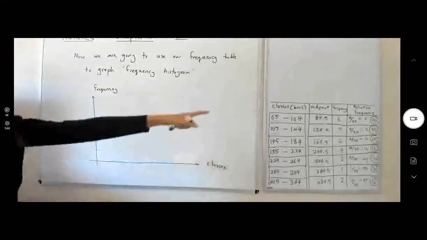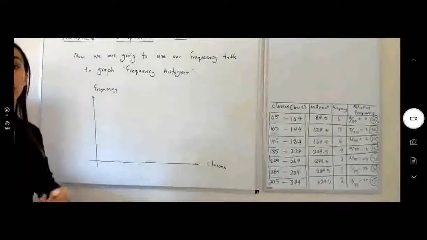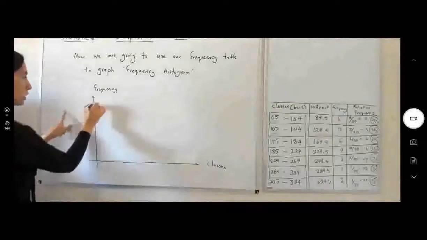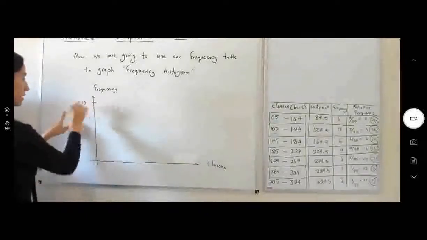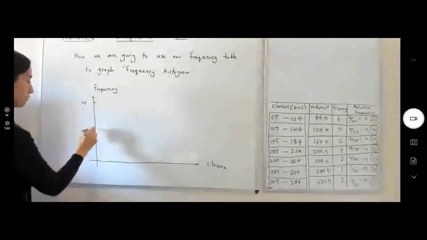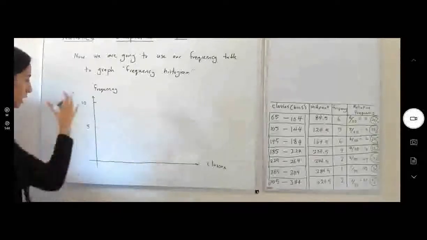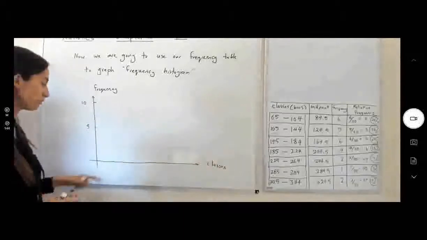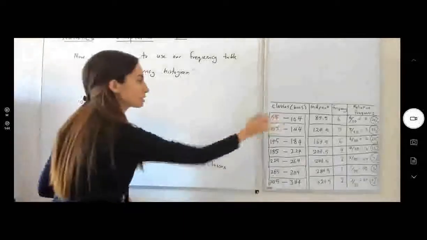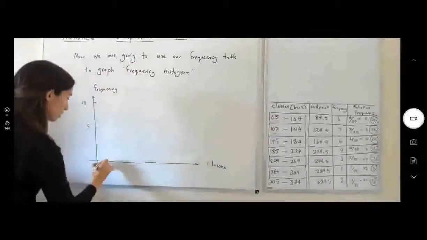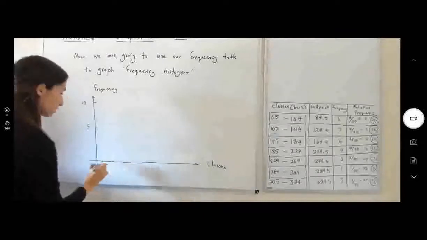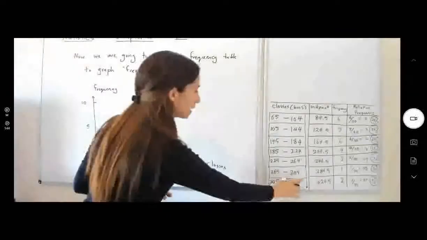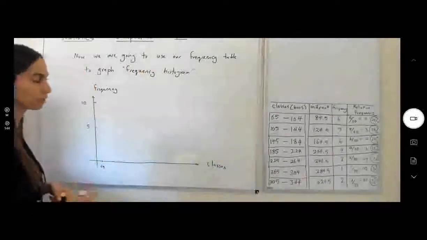The maximum frequency that we have is 9. So let us scale it at 10, 5, and the rest of the frequencies. 7 classes. The first class starts at 65, and my last class stops at 344.